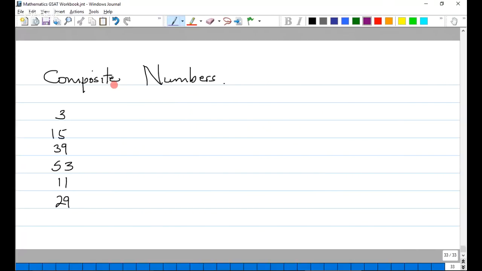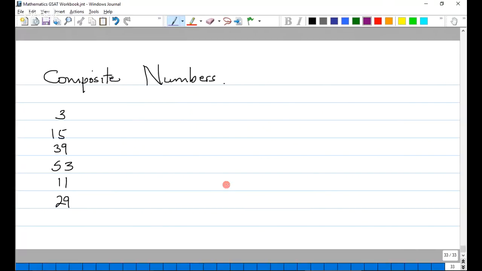More than 2 besides 1 and itself. So let's look at this example. 18. What are the factors of 18? 1, 2, 3, 6, 9, and 18. So that number is a composite number.